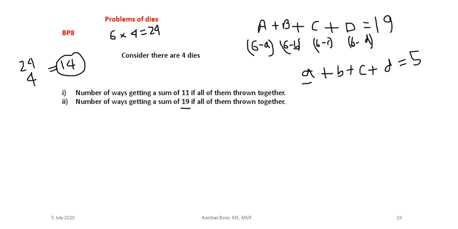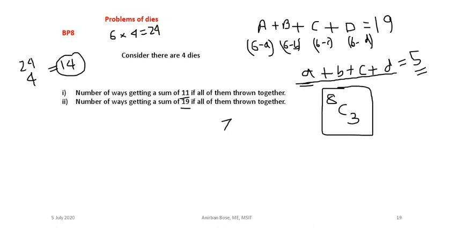Here you can see A can also be 0, no problem, because A may be 6. So it is now the simple formula: 5 plus 4 is 9, 9 minus 1 is 8, C 4 minus 1, that is 3. So the answer is 8C3. Since this number is not more than 6 or equal to 6, there is no trouble. Previously, when we solved the problem of 11, we found that A plus B plus C plus D is equal to 7.